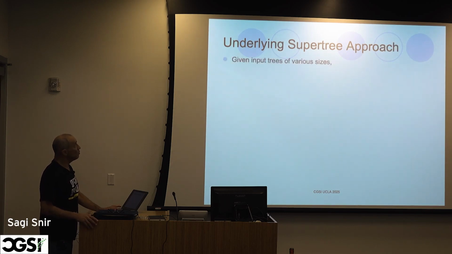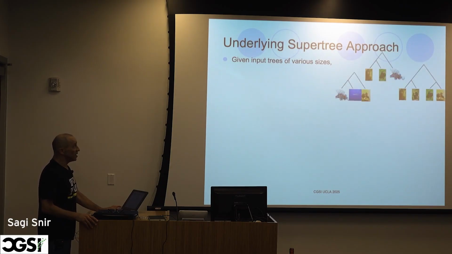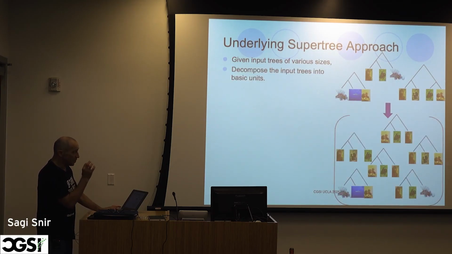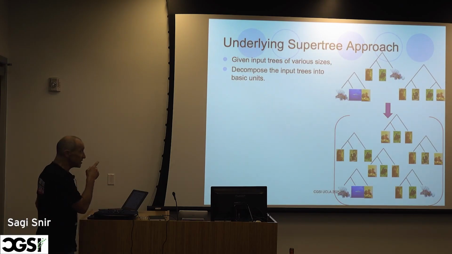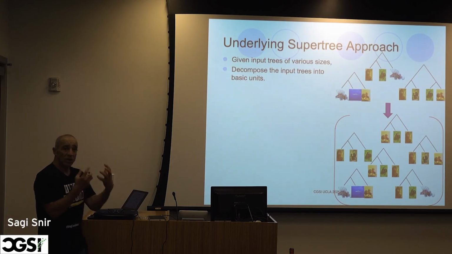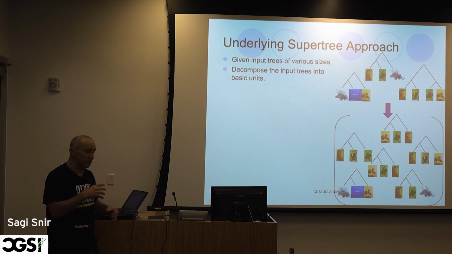Okay, so what is the underlying supertree approach? Given input trees of various sizes, like we saw before, we decompose them into the most basic units. Here we have these 6 triplets, and we know how to combine triplets.